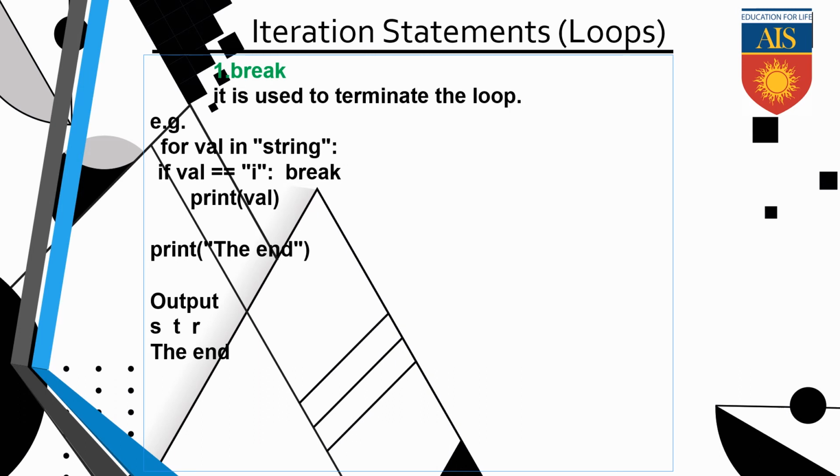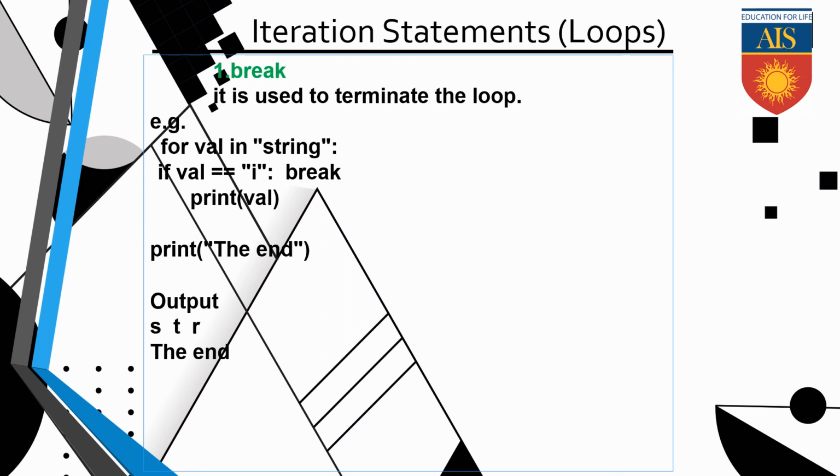That means for val in string, that is, each value available in this string, if your value matches with i, because we have given if val == 'i', then it will break. That means it will stop there, the loop will be terminated, and then it will print the value. Now here you can see the output of this command: str. Why only str?